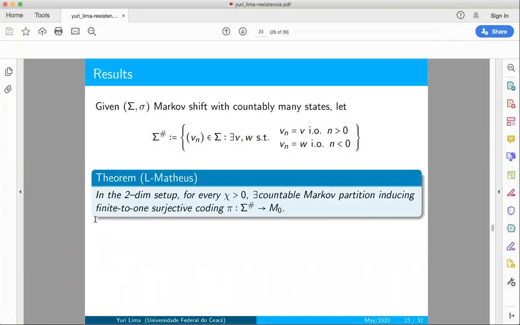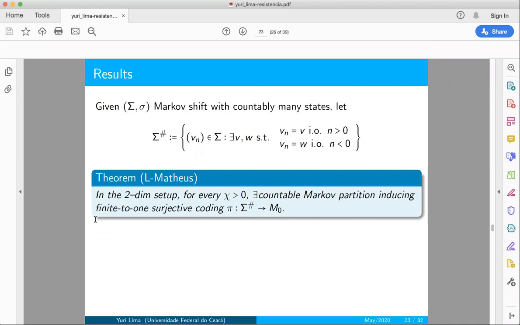And the result, which is joint work with Carlos Mateus, is that in that two-dimensional setup that we explained to you, if you fix a chi bigger than 0 and consider the subset M0 that we defined, then you are able to construct a countable Markov partition. And not only that, this countable Markov partition induces a finite one extension, which is going to be onto this coded set M0.